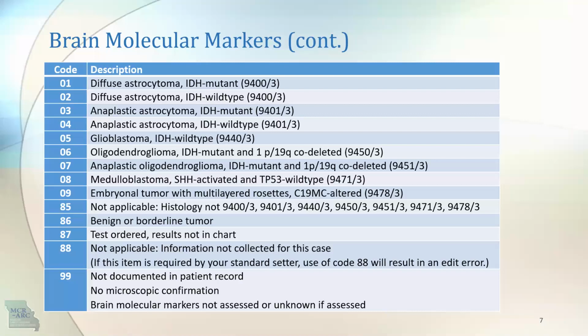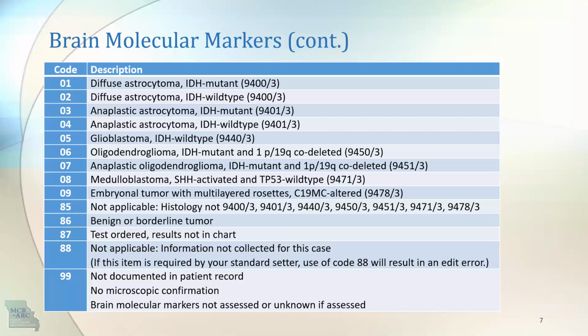Example 2, biopsy of brain tumor, microscopic confirmation diagnosis, anaplastic astrocytoma 9401/3. No further testing or results unknown, code 99.